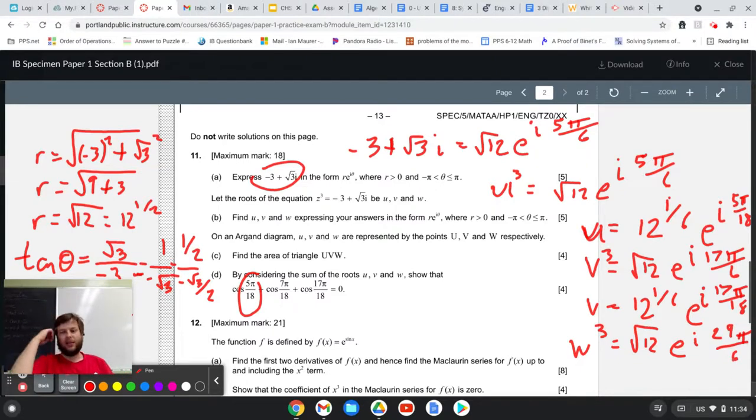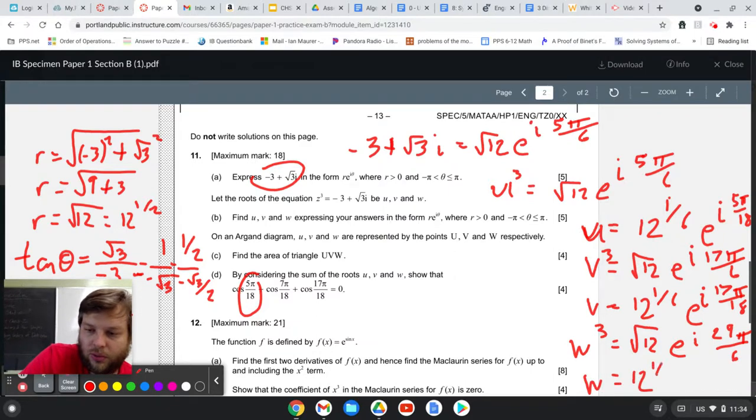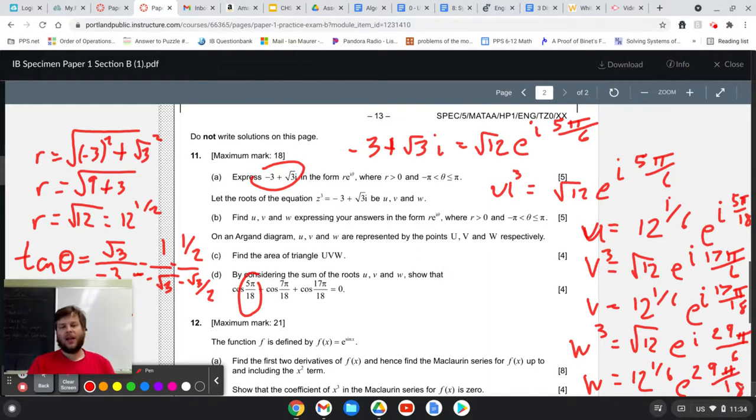And then taking the third root of that leaves me with 12 to the 1/6 e to the 29 pi over 18.